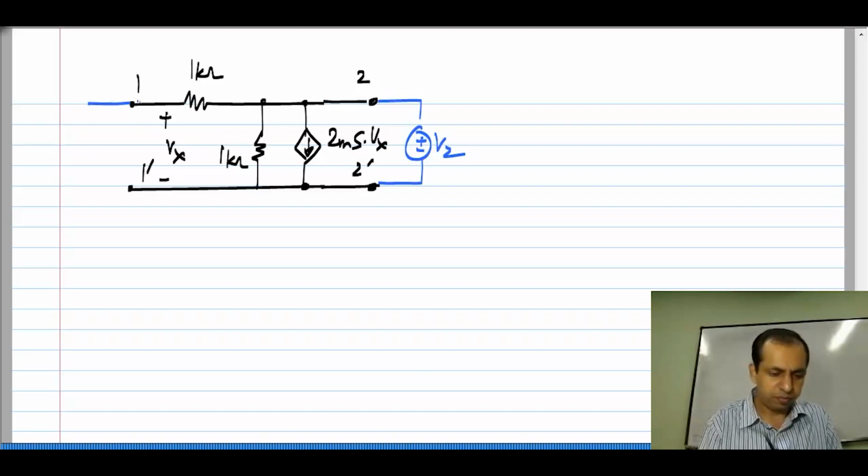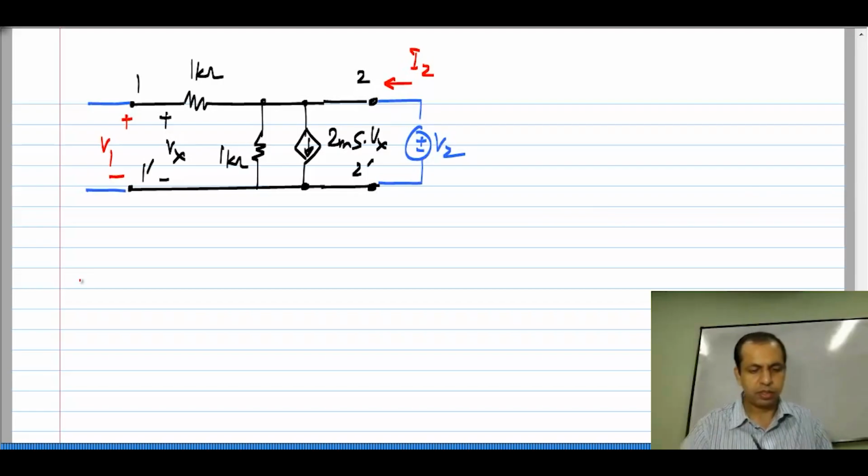Okay. So, again we have to calculate this current I2 and this voltage V1, and you see that Vx is the same as V1. Okay. And also no current flows through this 1 kilo ohm resistor. So, the voltage V2 here is exactly the same as V1.